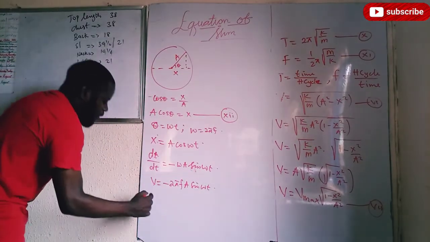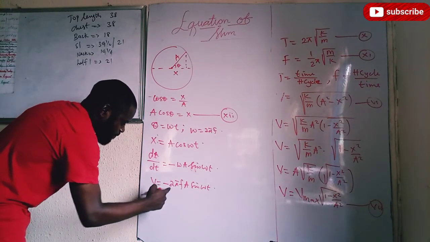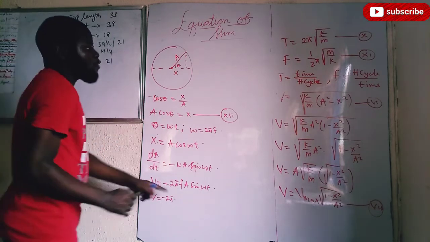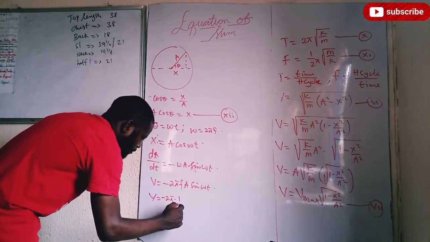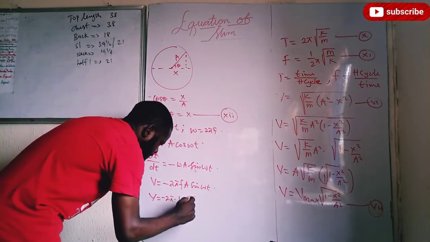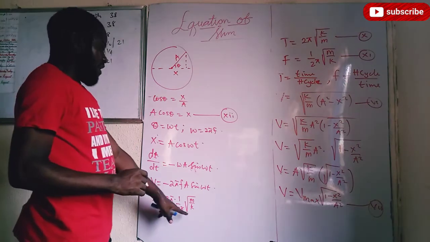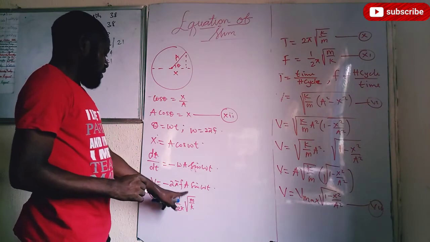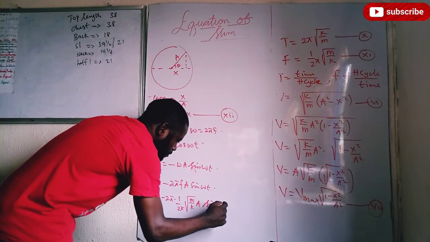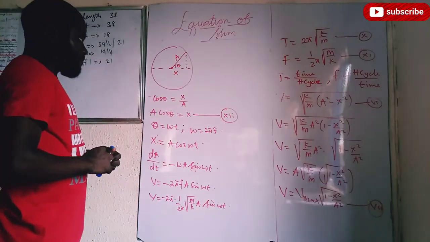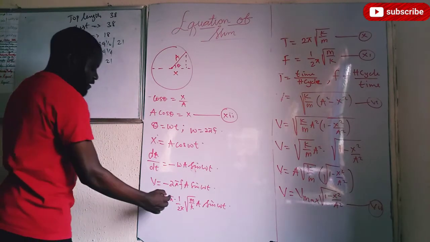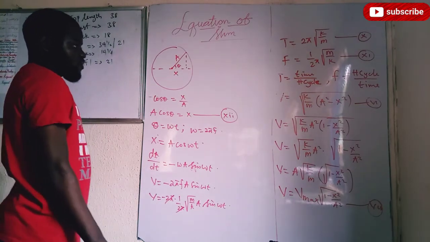If I do that, I will have that my v is equal to negative 2 pi multiplied by frequency, which is 1 over 2 pi, the square root of m over k. Are we together now? Then multiply by the amplitude sine omega t. Okay? So the 2 pi and 2 pi would cancel each other.